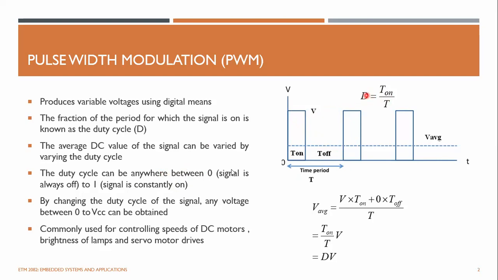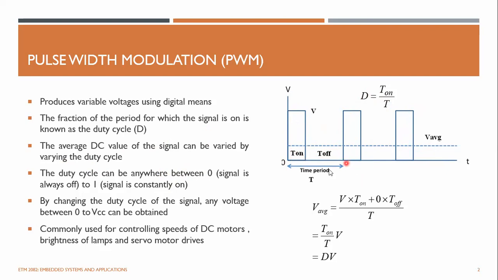By adjusting D, we can get a variable output voltage. For example, if D is 0, the average output voltage will be 0. If D is 1, the average output voltage is the same voltage V. So by changing D, we can increase or decrease the average voltage.